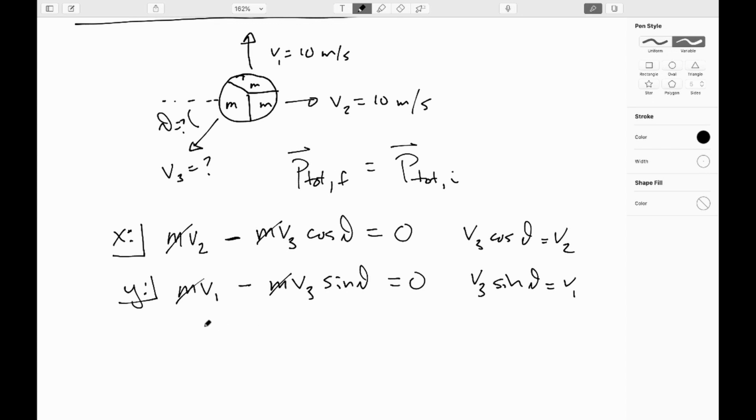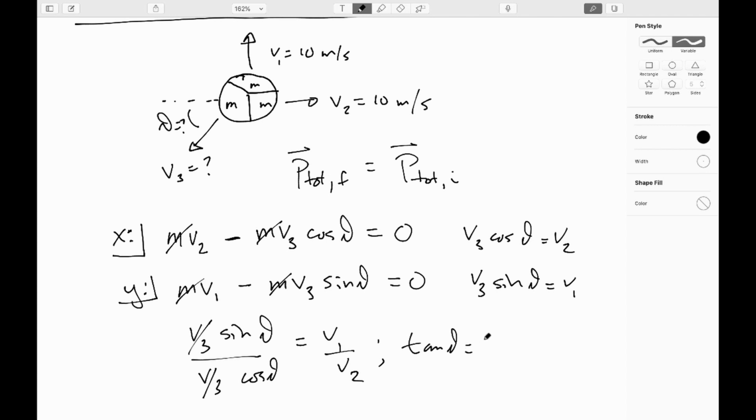So v3 sine theta equals v1, and I'll divide the left-hand side by v3 cosine theta. We'll divide the right-hand side by what that's equal to, v2. Cancel, cancel. Sine over cosine is tangent. So the tangent of theta is v1 over v2.